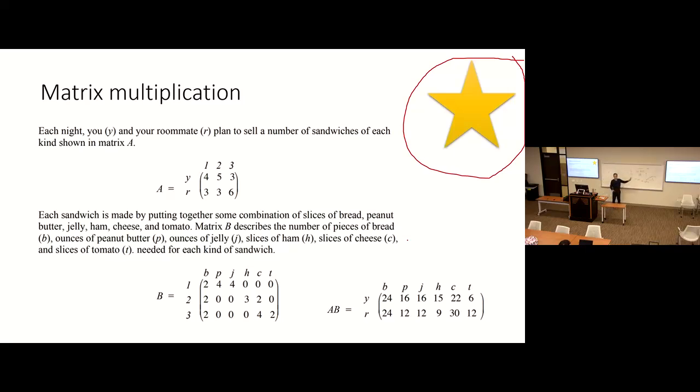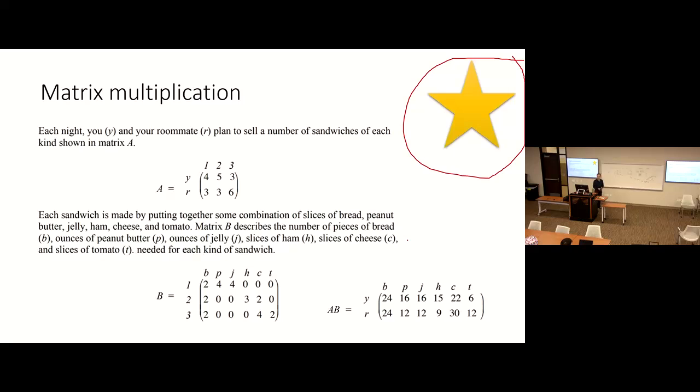So if you have time, just read the text. It's a small story: you and your roommate try to make breakfast sandwiches, and there are three different types of sandwich. You and your roommate each want to make different numbers of the three types.